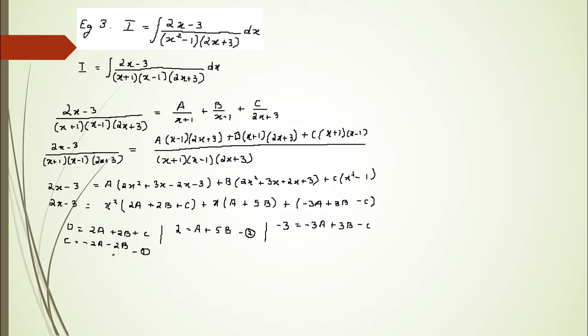Now putting the value of c from 1, I'll get minus 3 is equal to minus 3a plus 3b plus 2a plus 2b. Therefore I get minus 3 is equal to, minus 3a plus 2a is equal to minus a, and plus 5b.